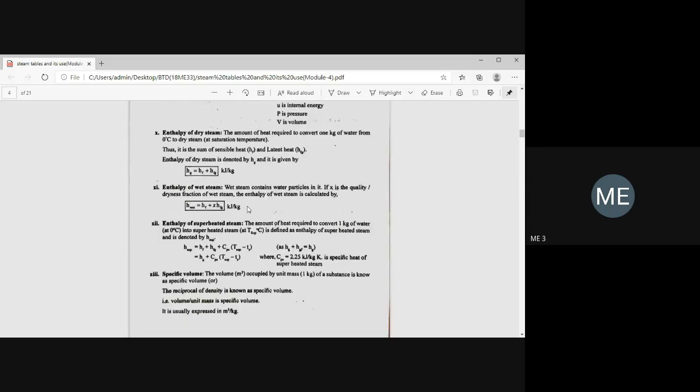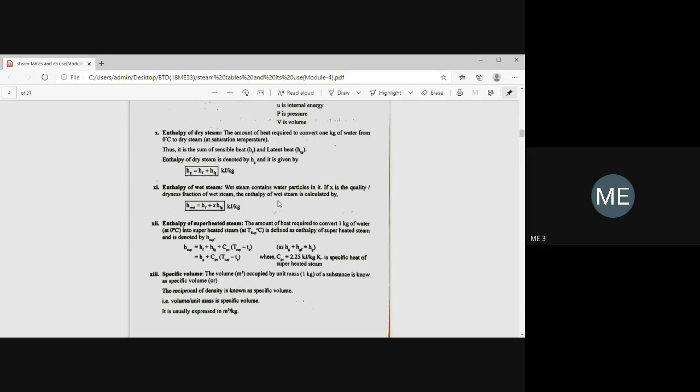Okay. Similarly, we have the enthalpy of wet steam. How we are going to define enthalpy of wet steam is, you have to take X into consideration here. Dryness fraction into consideration, because the wet steam contains the water particles in suspension.